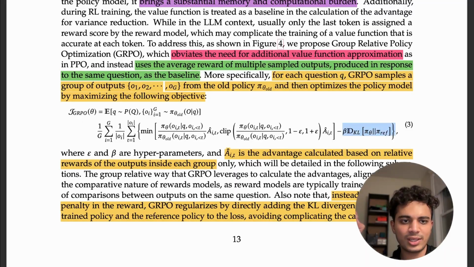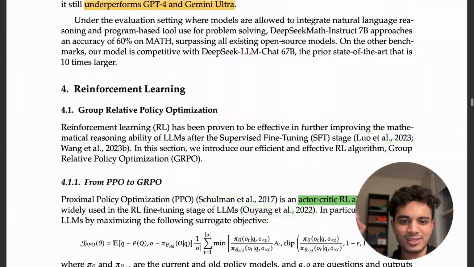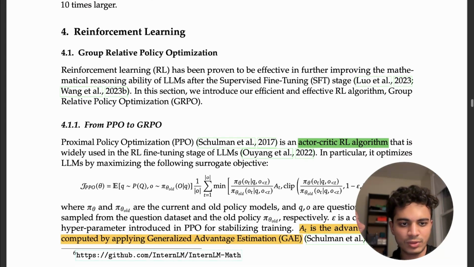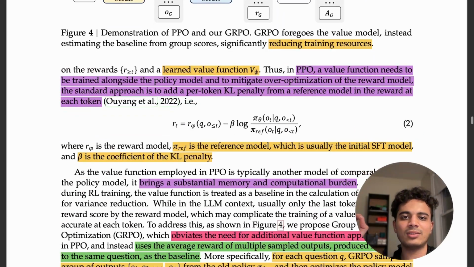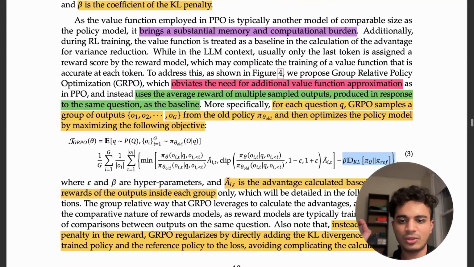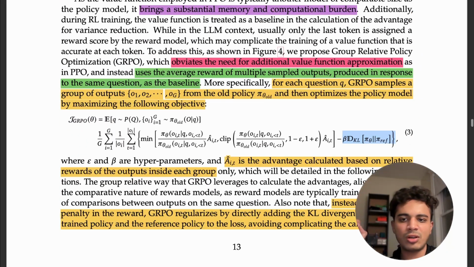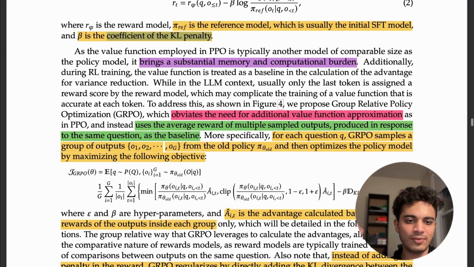Over here, they're using KL divergence, and over here they are not using it. They are introducing that in place of the value model. So that's the difference. Epsilon and beta are hyperparameters which you can set. Beta is the coefficient of the KL divergence penalty, which is here. Of course, we can see that.